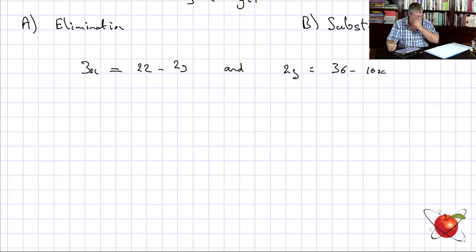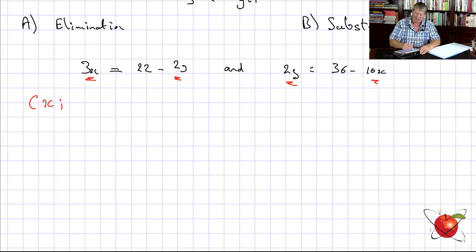Now, first of all, can you see that we've got two equations with two unknowns, an x and a y? We're looking essentially for an x and a y that make both true.